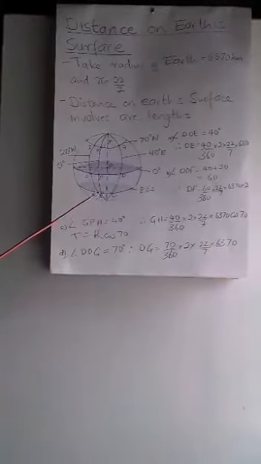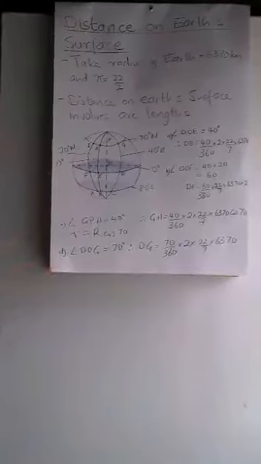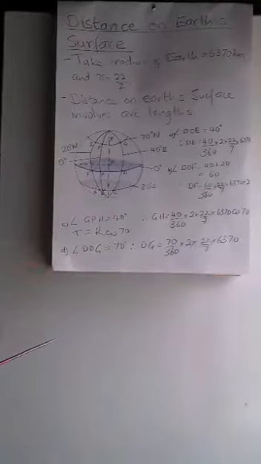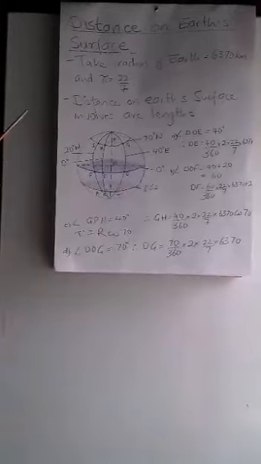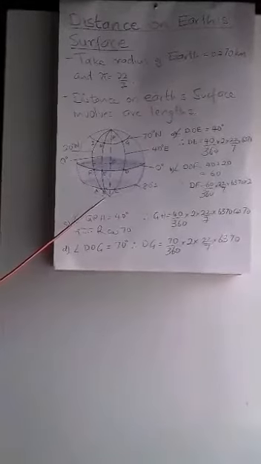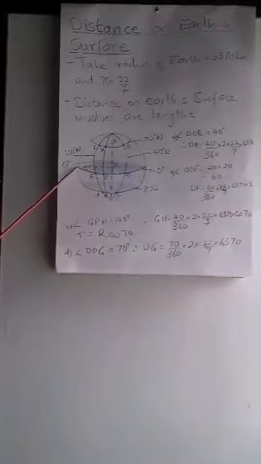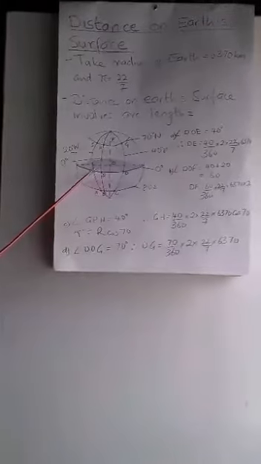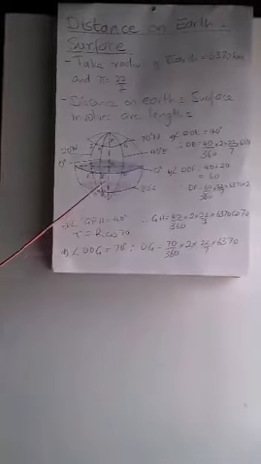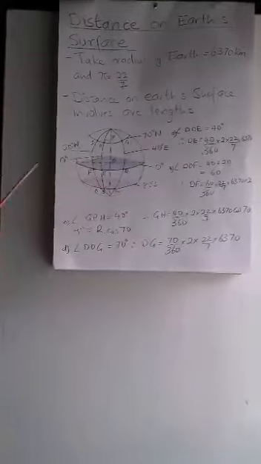So what is important for us now is to be able to determine: is the arc length on a great circle or is it on a small circle? We'll look at this diagram which will represent the Earth, and let us take points D, E, F. Points D, E, F lie on the equator.